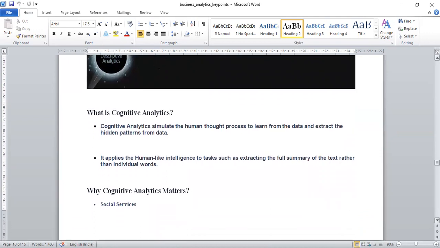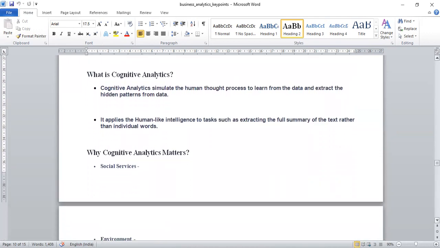What is cognitive analytics? Cognitive analytics simulates the human thought process to learn from the data and extract hidden patterns from data.